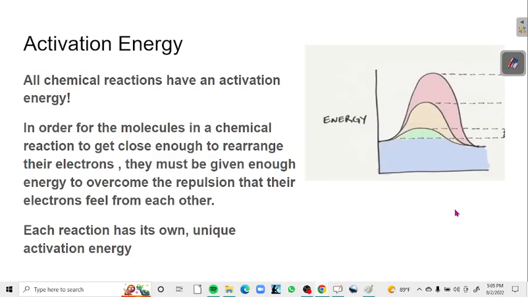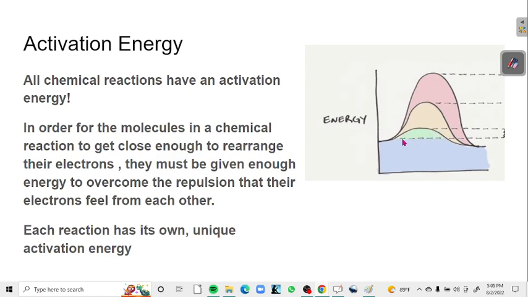So here is another one. Let's talk about activation energy. As you see here are your reactants. The product ends right here, and each one of these reactions, 1, 2, and 3, has different bumps. Remember that any bump that is higher than the reactants represents the activation energy, the amount of energy you had to give to the reaction to get started.